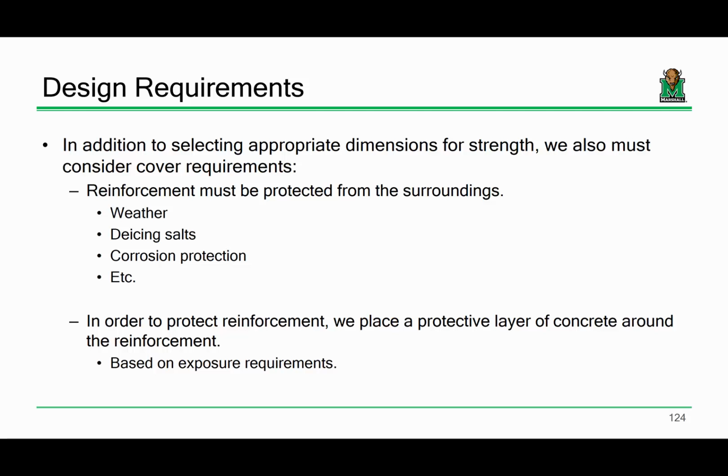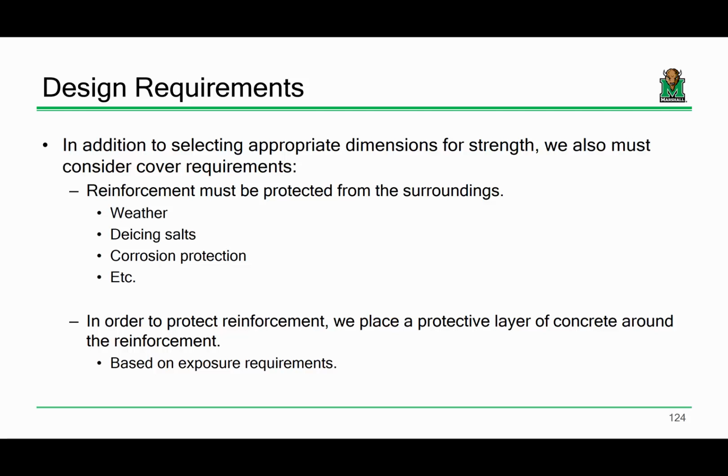For instance, here's one for you. If you're looking at a typical bridge deck in West Virginia, spoiler alert for you folks in senior design, the cover requirements for the rebar in the deck are different for the cover from the rebar to the bottom of the deck versus the cover from the rebar to the top of the deck.